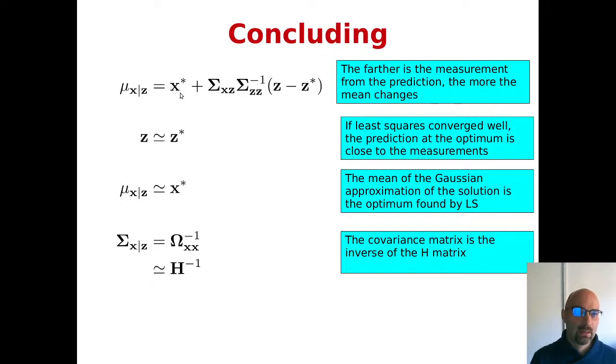Accordingly, my mean will be equal to the optimal mean that I found. This is also geometric; you can understand it just by looking at the fact that the minimization brings you to the highest point of the Gaussian, and so that one has to be the mean. And more importantly, the covariance matrix of my estimate is equal to the inverse of the H matrix, which is the approximated Hessian.